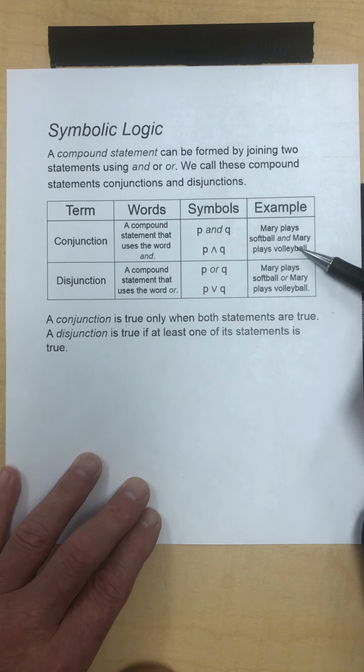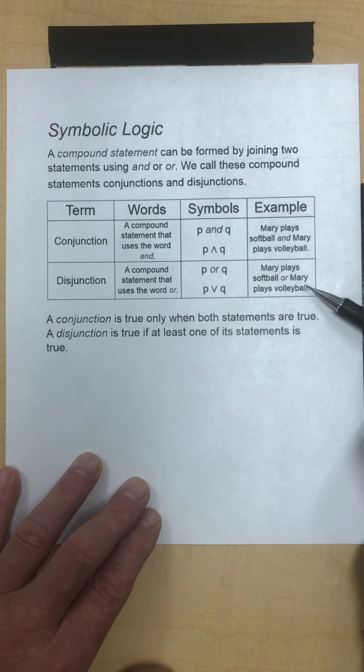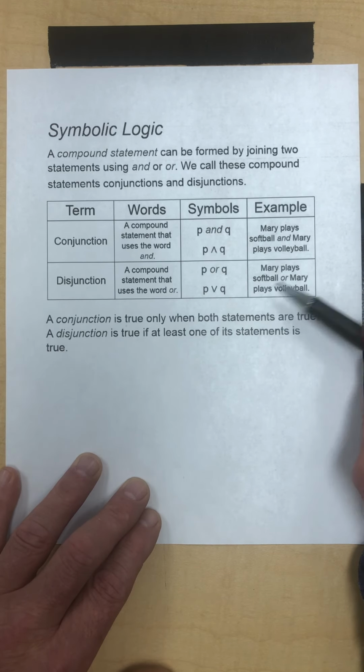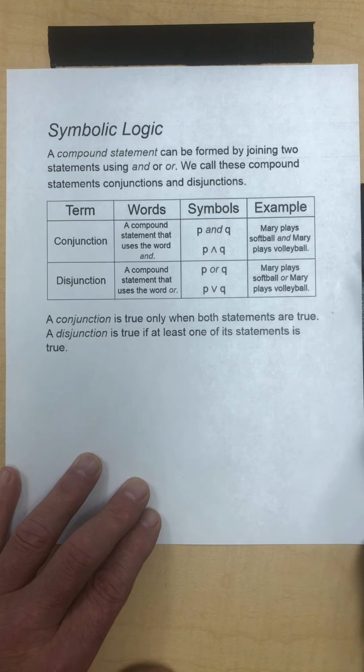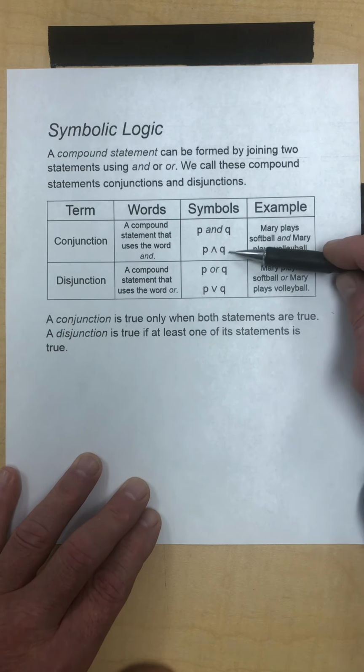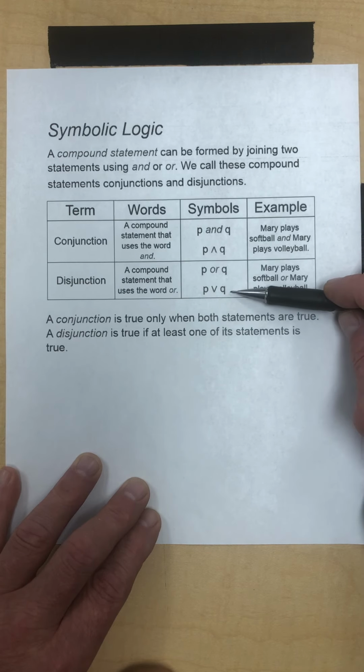She would have to play both of them for this statement to be true. But right here, Mary only needs to play one or the other. So if she only played softball, that's a true statement. If she only played volleyball, that's a true statement. So we need both statements to be true for the conjunction to be true, or just one statement to be true for the disjunction to be true.